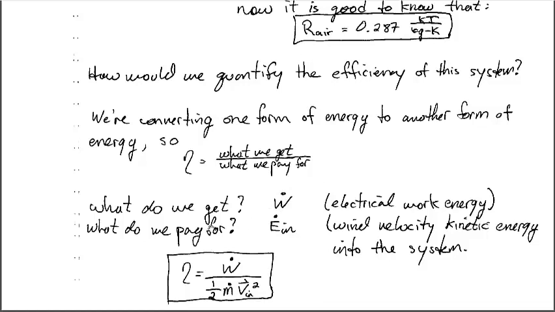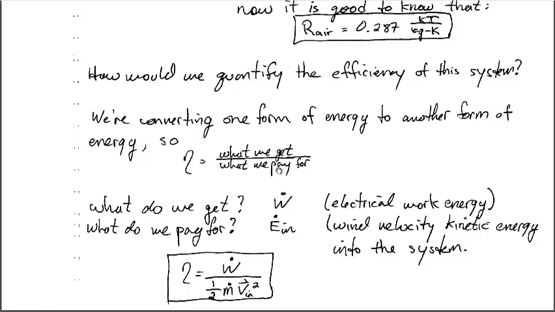What do we pay for? Well, it's kind of weird to think of this because a lot of times we'll associate this word pay with an economic pay, right? In other words, what do I physically have to hand over some dollar for, some coinage? But thermodynamically, when we say pay, what we mean is where are we getting the energy from?